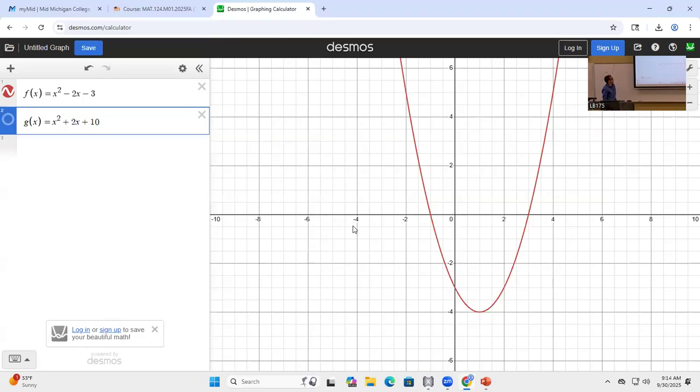All right. So as you can see, this is f of x, which is equal to x squared minus 2x minus 3.